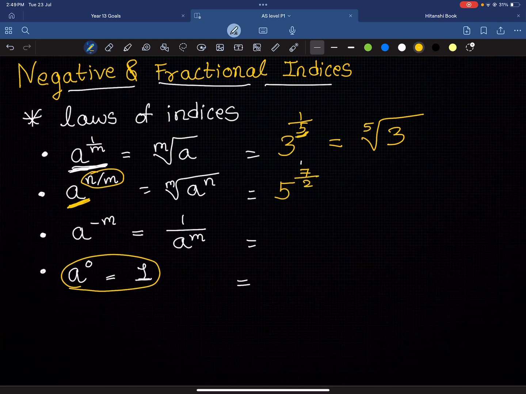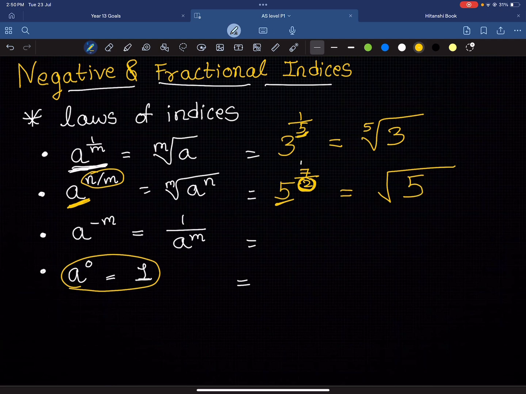Always remember, whatever you have here in the denominator, this is always going to come outside the root. First thing, if there's any fractional power, that will literally mean that you have to put a root, okay? So I'll just start by putting a root. Again, I'll put 5 over here.